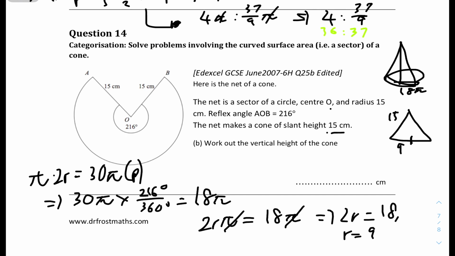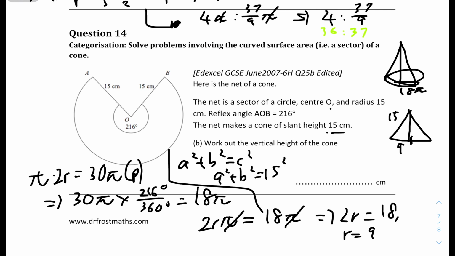So it'll be 15. Now we have a Pythagoras triangle which we are familiar with. So it will be a squared plus b squared equals c squared. And a squared is basically 9, so 9 squared plus b squared equals 15 squared.